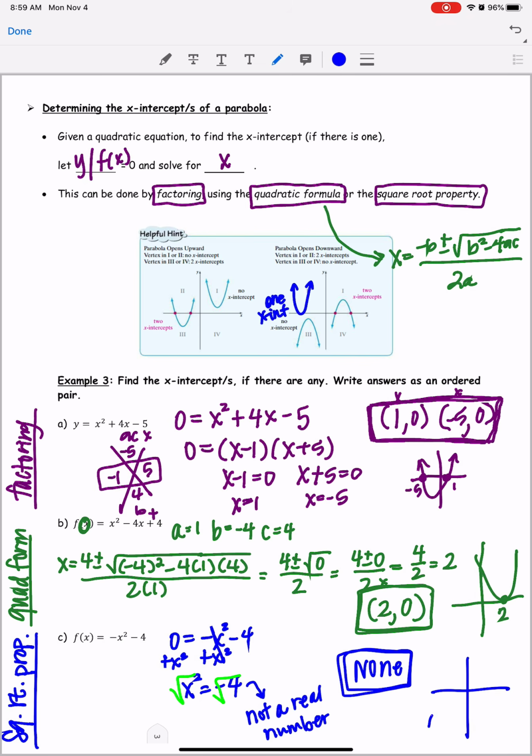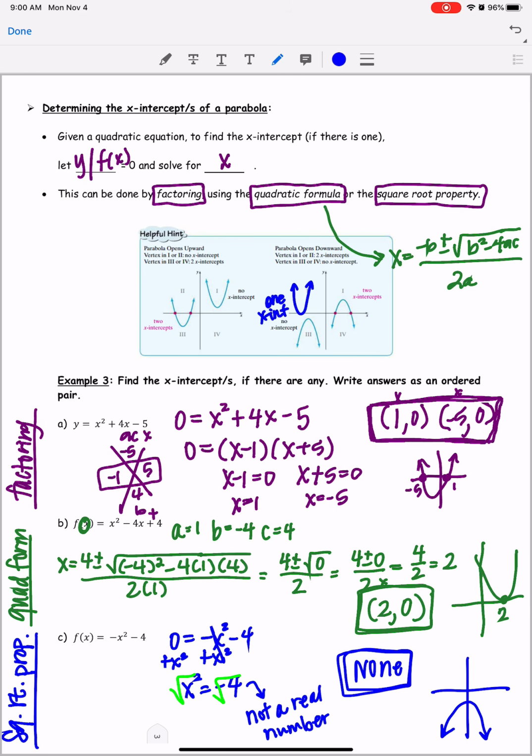So it's either going to be over here, where it never crosses that x-axis, or it'll be over here some way. Or I guess it technically could be like right here, which is actually what we have. So let me just do that. That parabola never reaches that x-axis, so we have none.